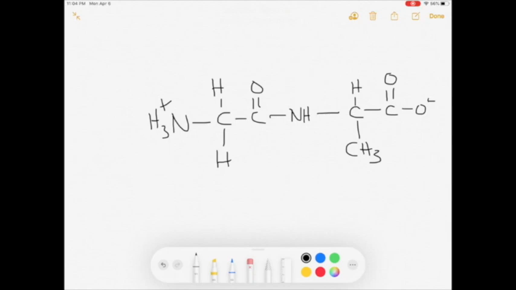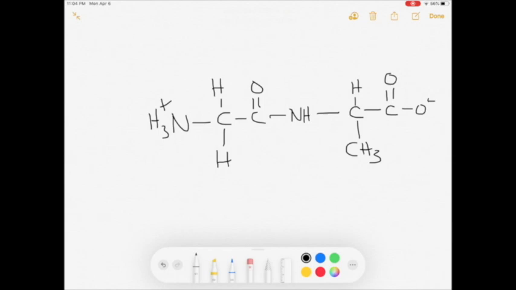You start putting more amino acids together, and then there's going to be a lot of different arrangements that you can make. And I think I've said this before, but each amino acid in the peptide is referred to as a residue. So we always start by naming the amino acid that's on the N-terminus, and then we end with the amino acid on the C-terminus.